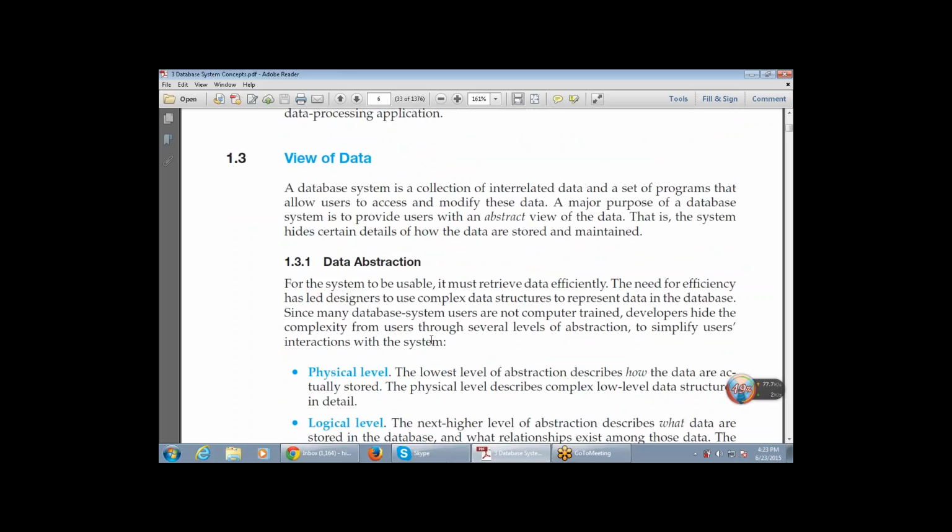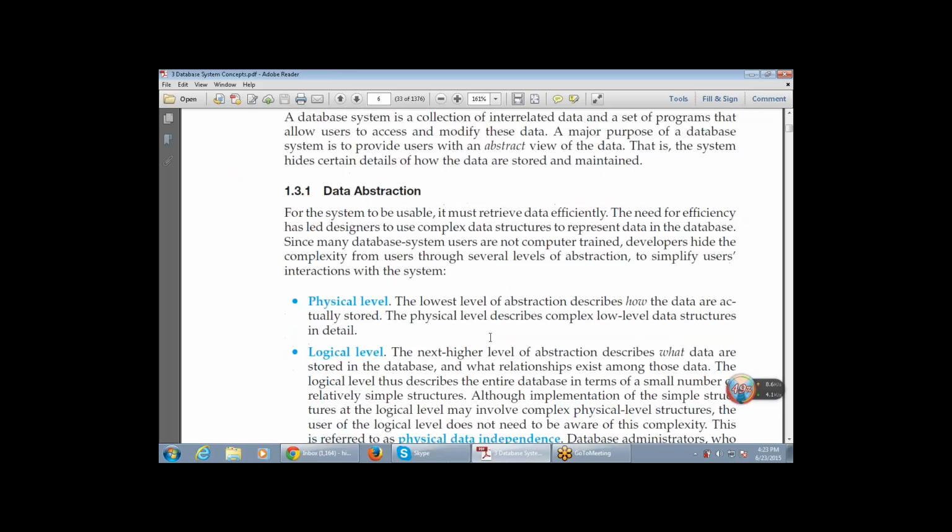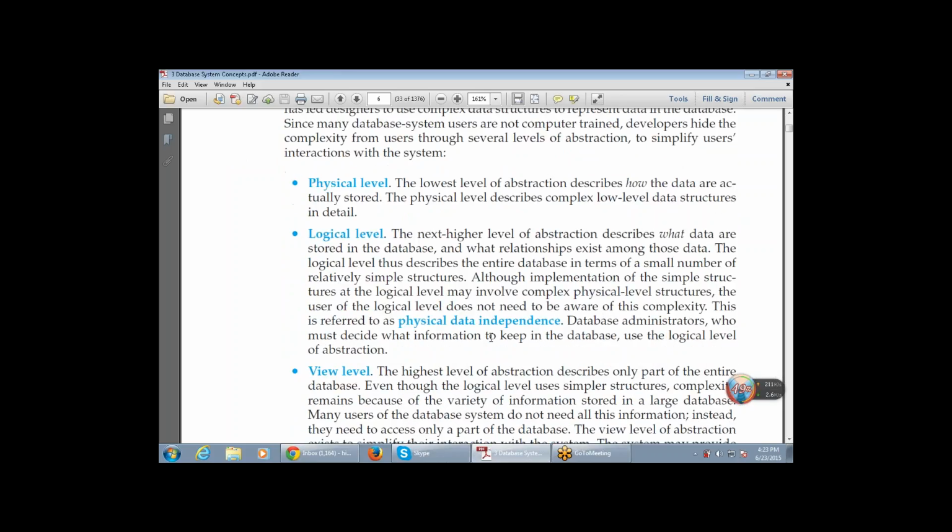And there are multiple levels, or types, of data abstraction. One is the physical level. It shows how the data are actually stored at the physical storage. Then the logical level, the next higher level of abstraction, describes what data are stored in the database.